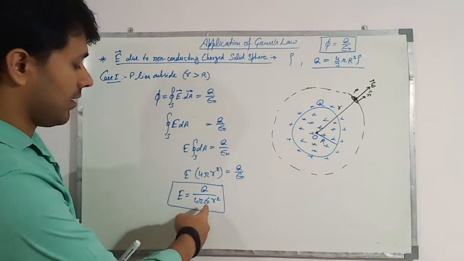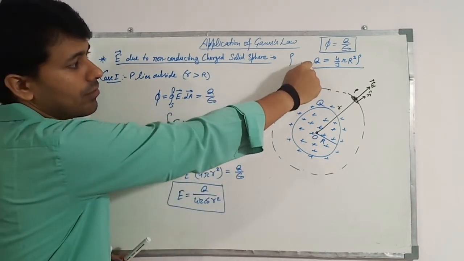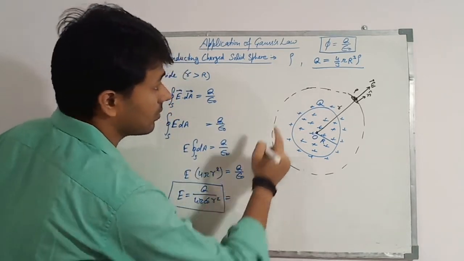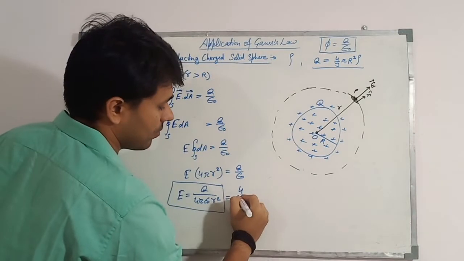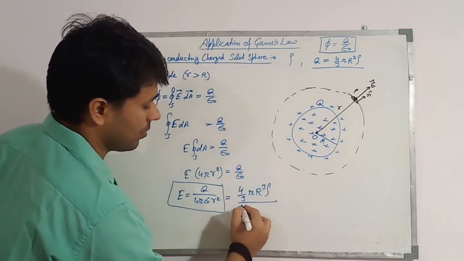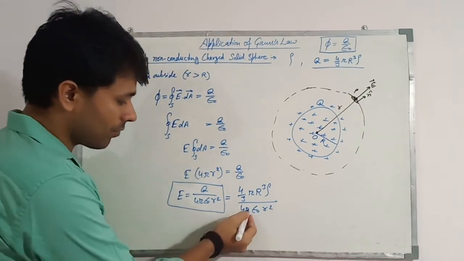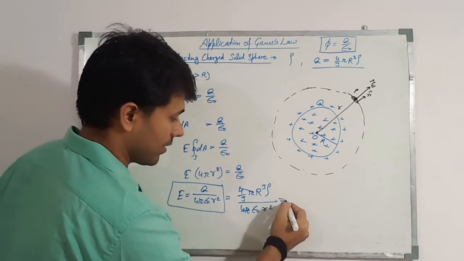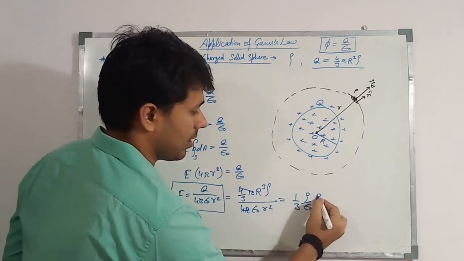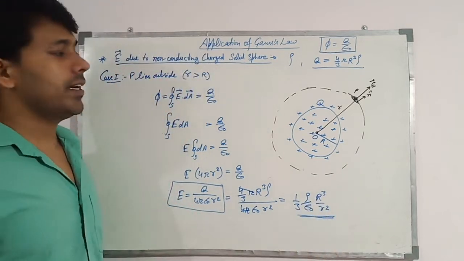Clear? And in terms of volume charge distribution, we replace Q by 4 by 3 pi R cube rho, upon 4 pi epsilon naught r square. The 4 pi cancels out. What we get is 1 upon 3, rho upon epsilon naught, and R cube upon r square. This is the electric field intensity.